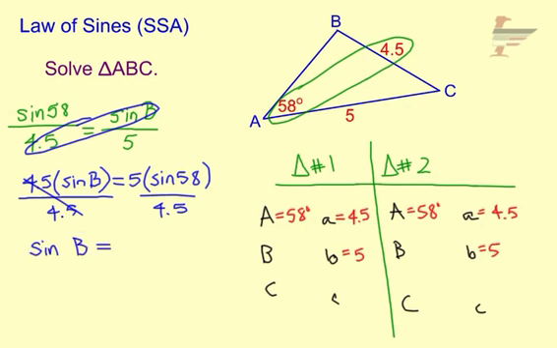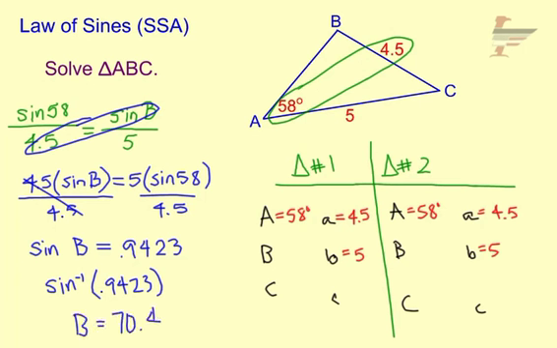So when you calculate that, you get a decimal of 0.9423. To figure out what angle B is, this is where we use our inverse sine button of the 0.9423. And when you do inverse sine of that, we get angle B is equal to 70.4 degrees.